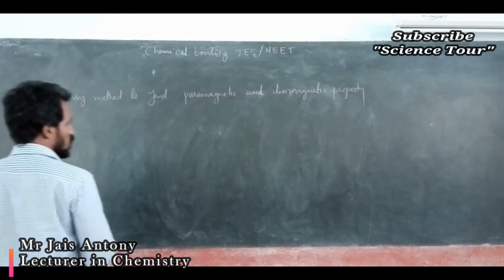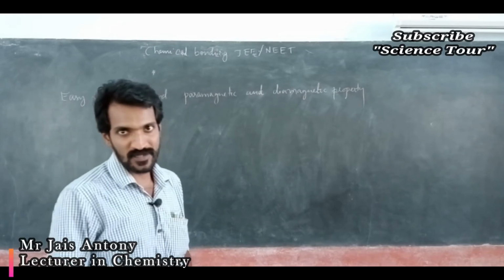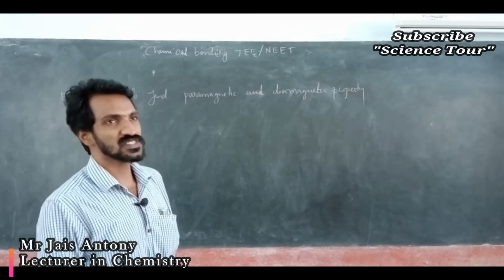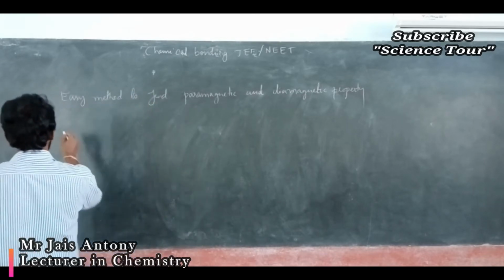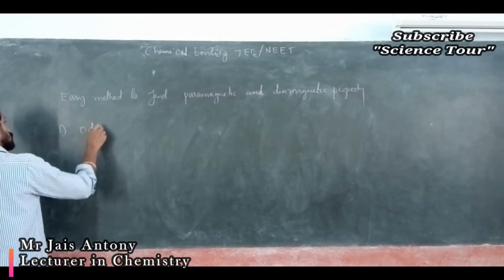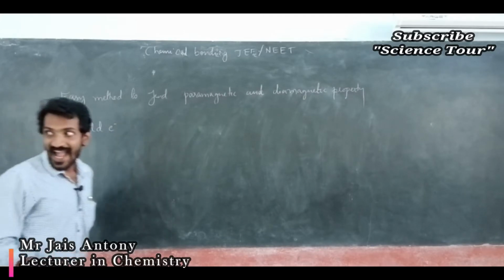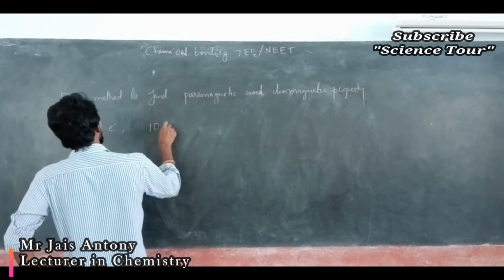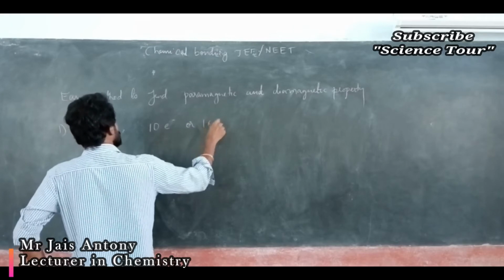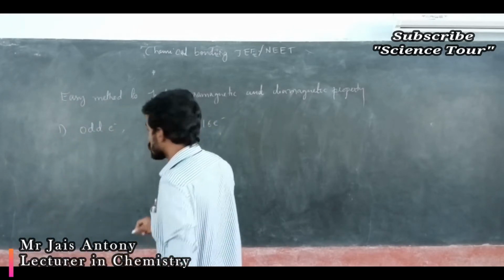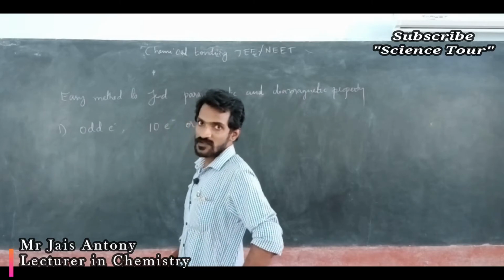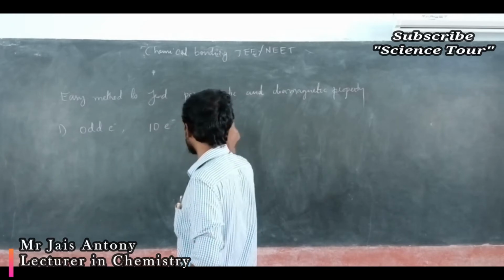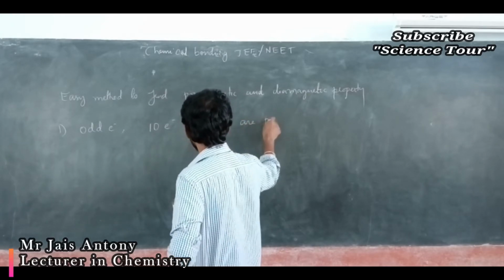Instead of writing the formula, which takes too much time, writing everything, substituting and counting the number of electrons. So my dear students, those atoms or molecules that contain an odd number of electrons, or 10 electrons, or 16 electrons are paramagnetic.